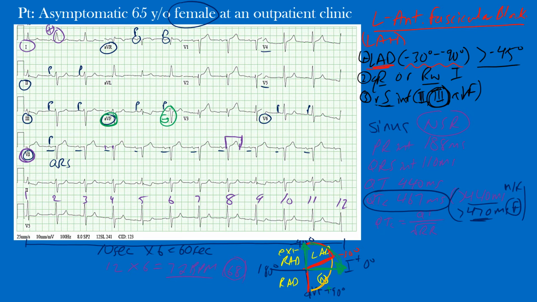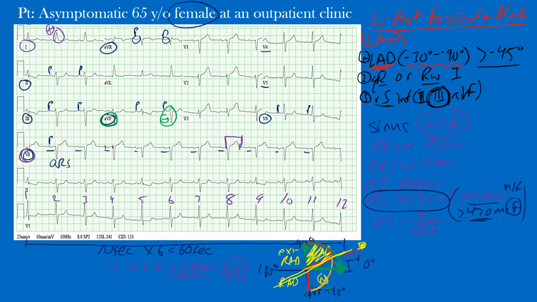But remember, we have to be over here. So how do we figure out if we're in that region? What you have to do is look at another lead. We take a lead that lies right here on negative 30 degrees. Excuse me, that is not lead 2. That's the perpendicular line to lead 2.